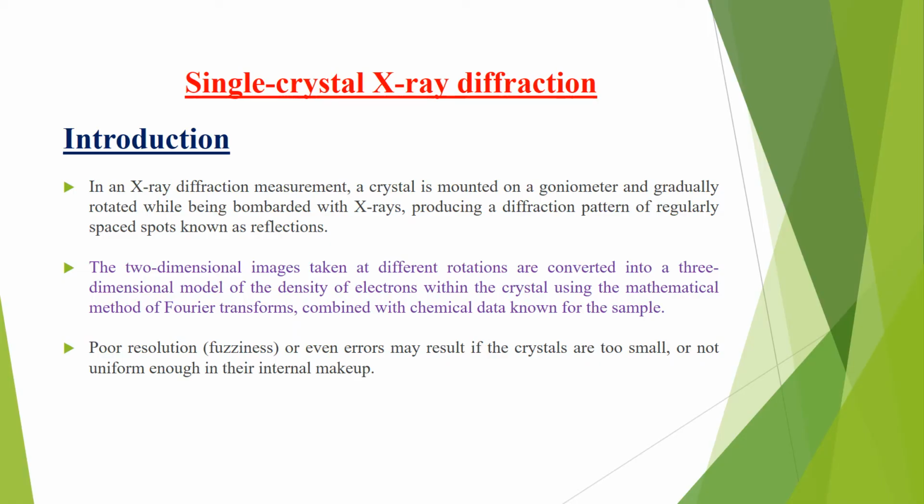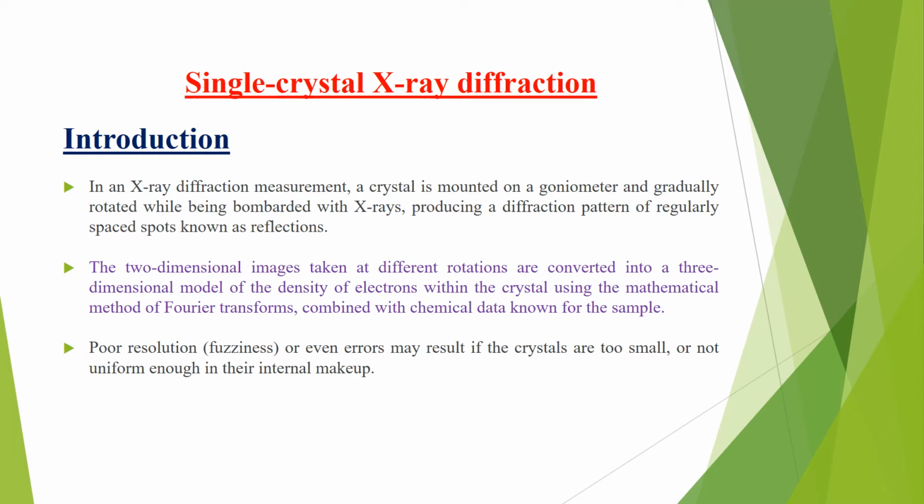So here in this slide we have a brief introduction about the single crystal X-ray diffraction. In the introduction we can see that in an X-ray diffraction measurement, a single crystal is mounted on a goniometer and gradually rotated while being bombarded with X-rays, producing a diffraction pattern of regularly spaced spots known as reflections.